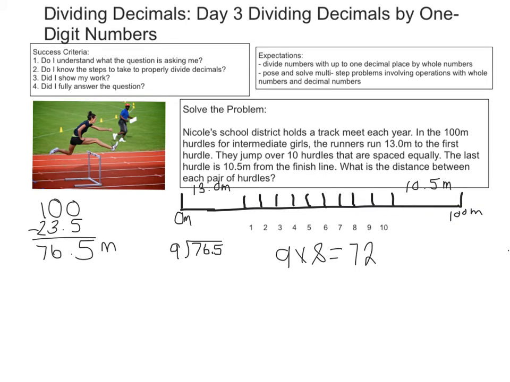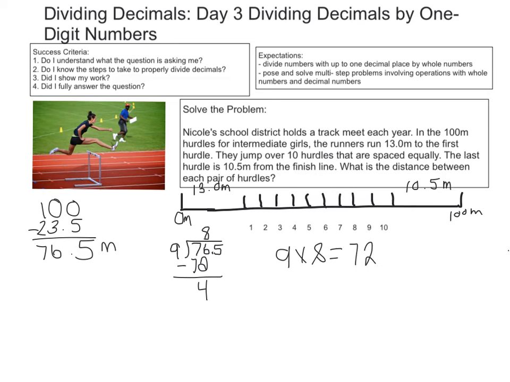So we put our 8 above the 6 and then ask ourselves, what's 8 times 9? We know that 8 times 9 is 72. And then we subtract. And we know that the difference would be 4.